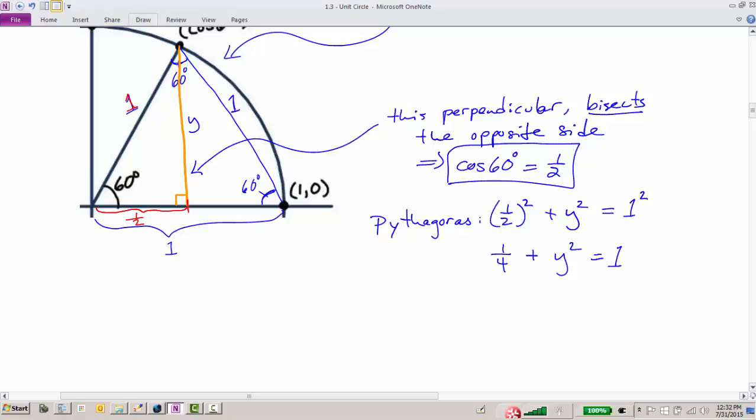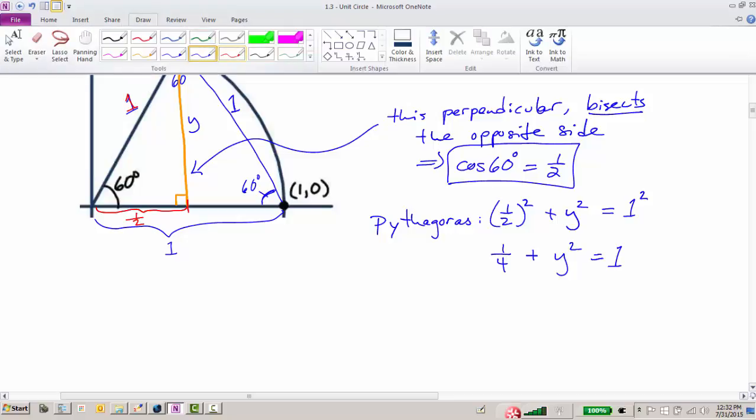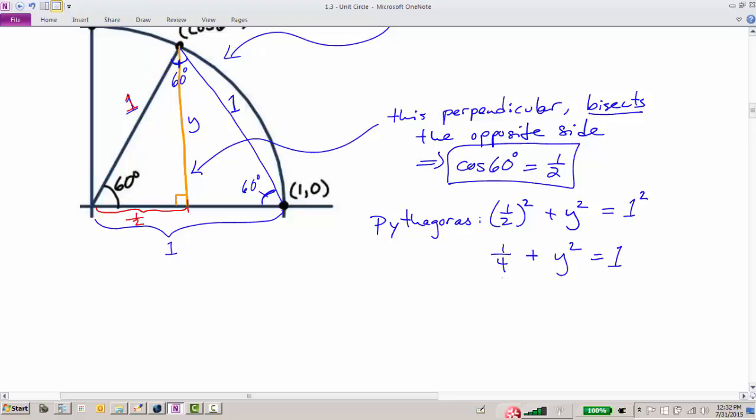And we'll have to do a little bit of algebra here to solve. We want to get the y squared by itself, so we'll subtract 1/4 from each side. On the left side, we just have y squared. On the right side, we've got 3/4.